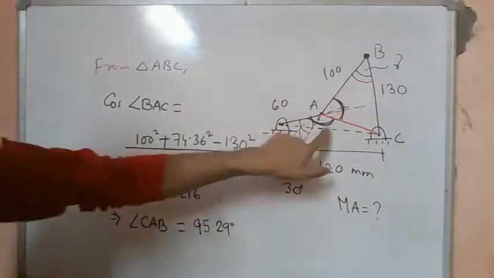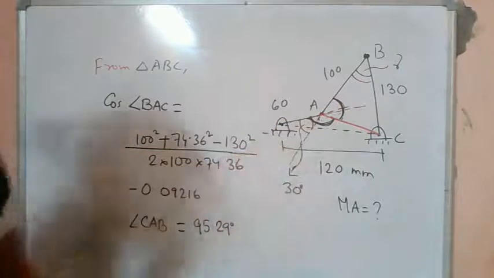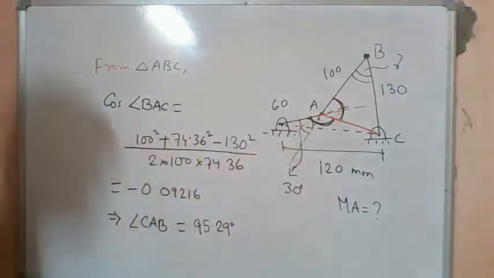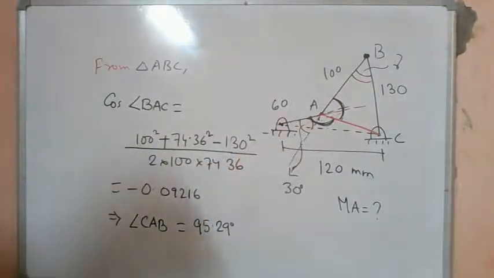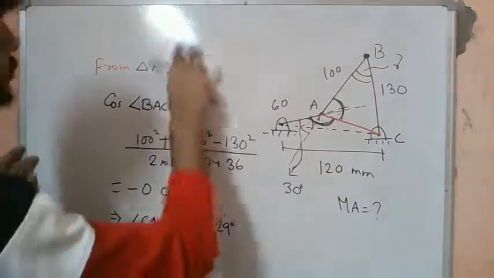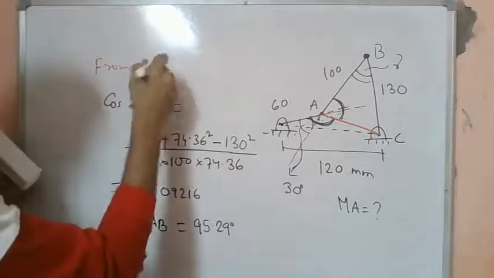Now we use the cosine formula again in triangle O2AC.